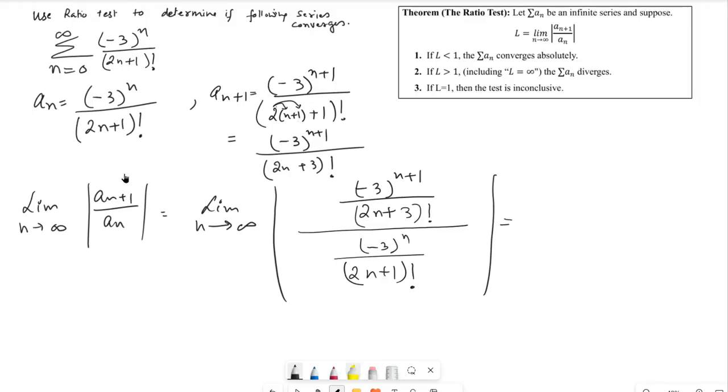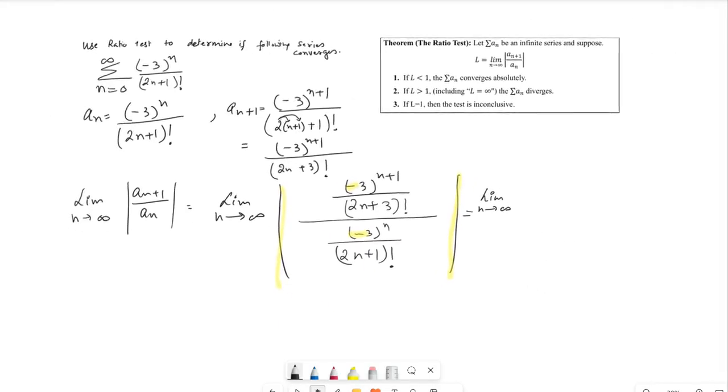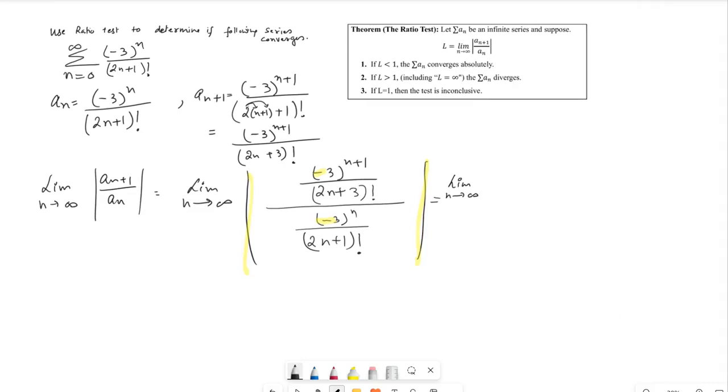Now you guys first notice which ones are the negative terms. Only terms which are negative are these. Factorials are not negative. So the absolute value is going to take care of that. We do not have to write negative anymore. So we have 3^(n+1) divided by (2n plus 3) factorial times the denominator fraction will flip.